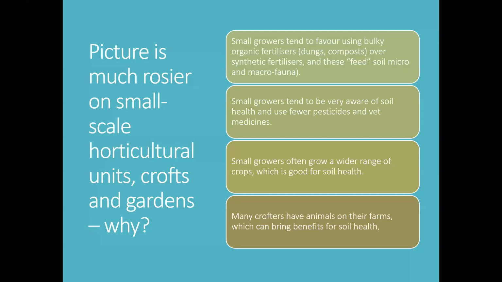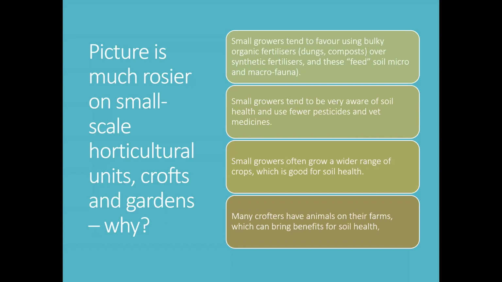But as I said, I don't have many pictures of really awful soil health on small scale growers' places. And there's a reason for that. The picture tends to be much rosier. You're starting from a higher benchmark, if you like, or a higher baseline of soil health. Why is this? Well, smaller growers tend to favour using bulky organic materials such as dungs and composts over synthetic fertilisers. And as I've said, these feed the soil organisms.